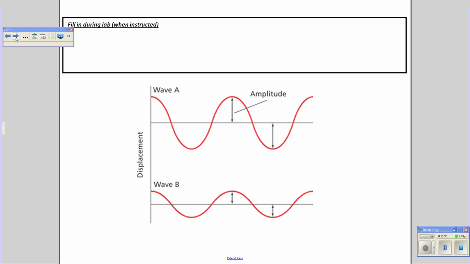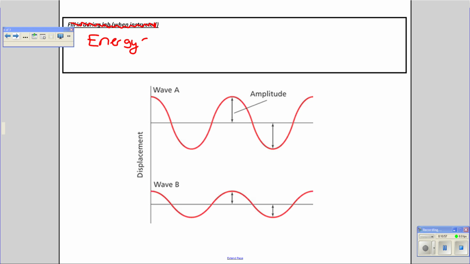I was going to have you fill this in when we did lab, but I'd rather have you do it now. All right, so this whole lesson is about energy versus amplitude. We've learned about how waves are energy, and we've learned what amplitude is. Now, here's how they're related.